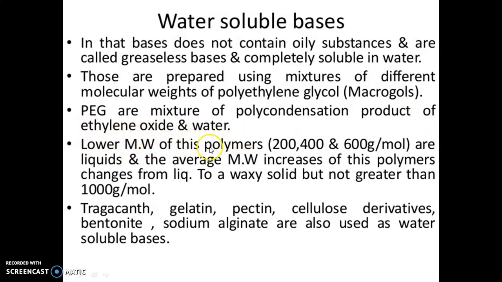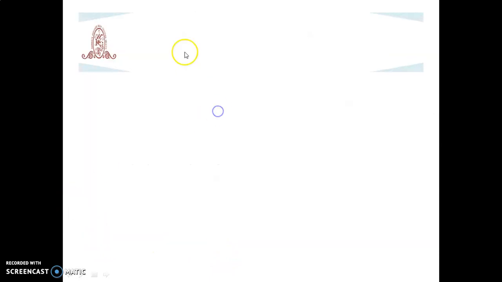Lower molecular weight polymers, that is 200, 400 and 600 gram per mole, are liquids, and as the average molecular weight of these polymers increases, they change from liquid to a waxy solid, but not greater than 100 gram per mole. Tragacanth, gelatin, pectin, cellulose derivatives, bentonite, sodium alginate are also used as water-soluble bases.